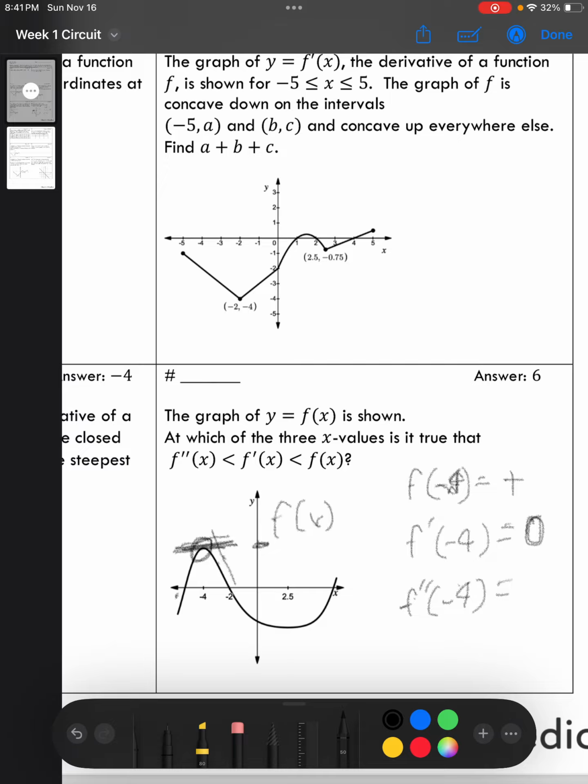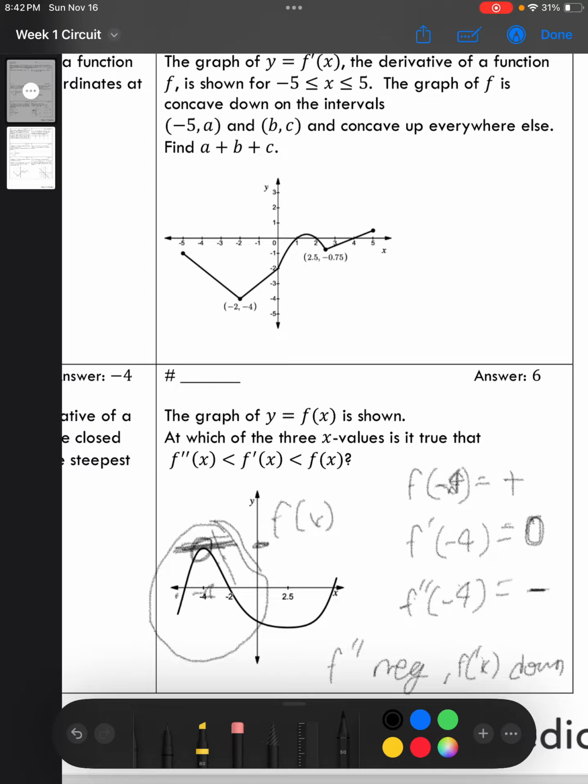And the graph of f of x is only concave down where f double prime is negative. Remember, if f double prime is negative, then f of x is concave down. So the only part of f of x that's concave down is probably over here. So f double prime of -4 is going to be negative, since this part is concave down on f of x.